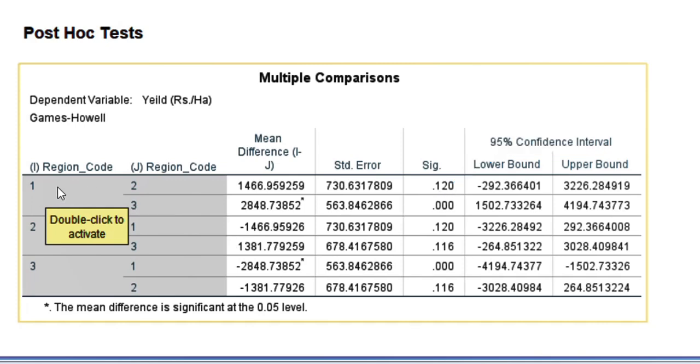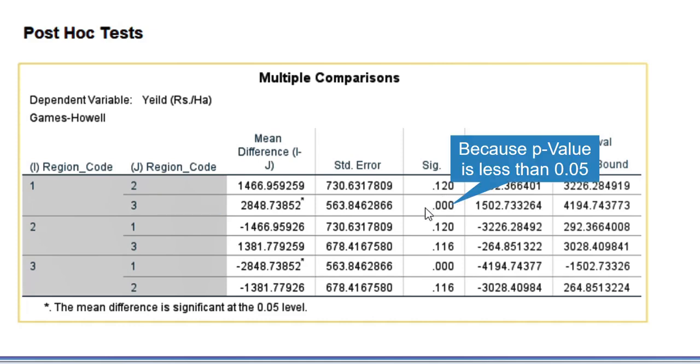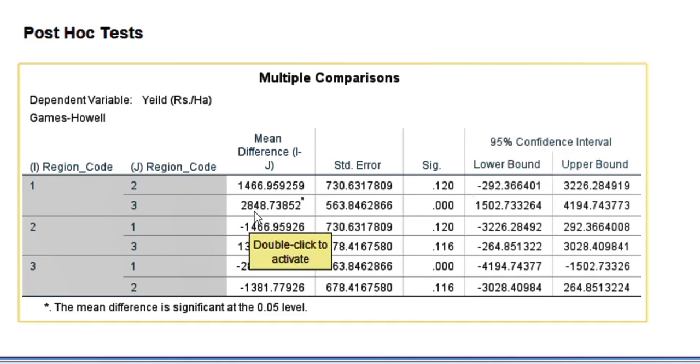On the other hand, the difference between the mean wheat yield between crop region 1 and crop region 3, the mixed crop region, is statistically significant, with a mean difference of 2848.73 rupees per hectare.